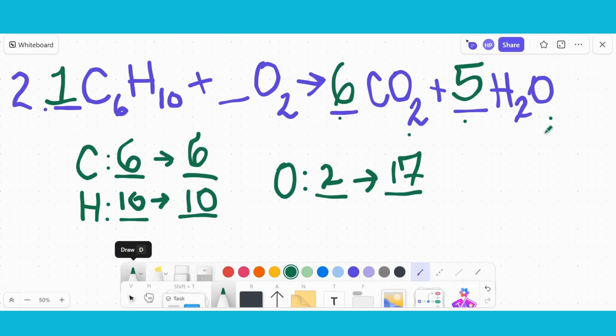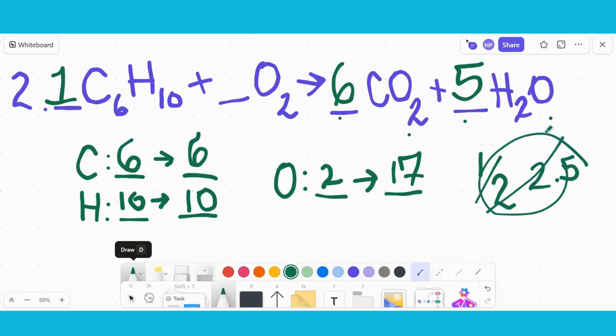One thing that's important to note is that in a balancing problem, you cannot have any fractions or decimals as coefficients. They have to be whole numbers.